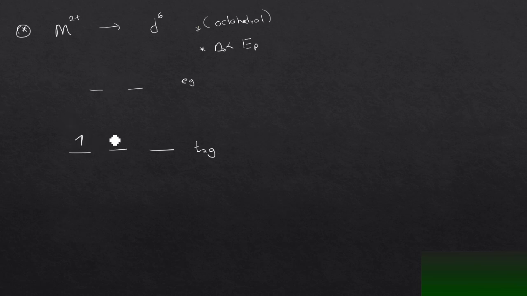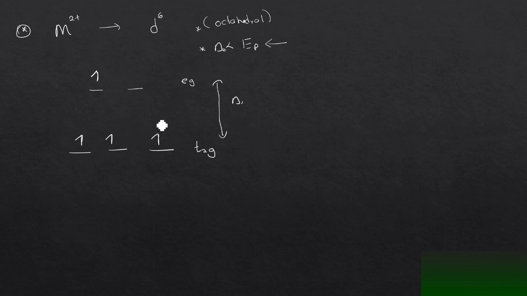The first 3 are completely fine, but when we fill the 4th electron, you need to consider this contradiction. As you can see, the splitting parameter, the energy gap over here, is much less than the pairing energy, EP. The pairing energy is larger, which means pairing is much harder. So the 4th electron won't go for pairing, it will go to the upper energy level.